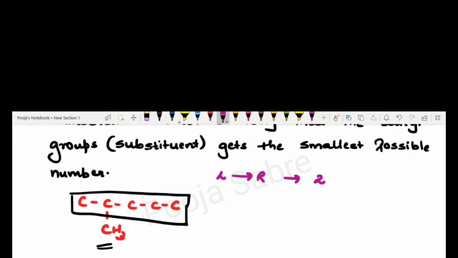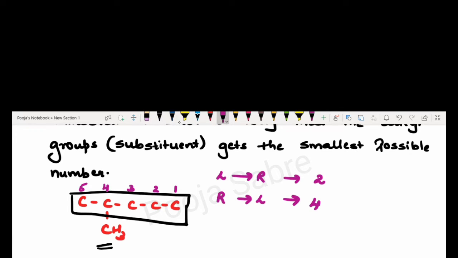Similarly, children, I can also number it from right to left: 1, 2, 3, 4, and 5. So in this case, my CH3 group is present on the fourth position. Right to left, the position is what, children? It is fourth.